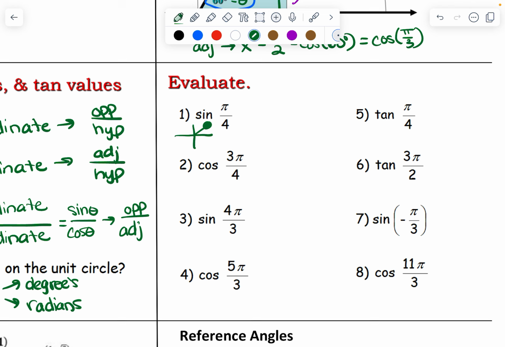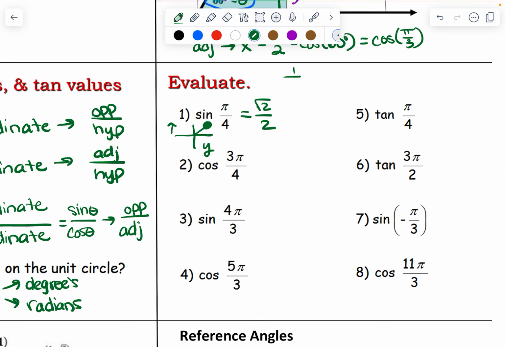Now for sine, we are using the y-coordinate, okay? But luckily for the family of 4s, it will always be root 2 over 2. So we just have to determine, okay, is this positive or negative? Well, for sine, I can see that it's going up in the positive y direction, so this will be positive root 2 over 2.